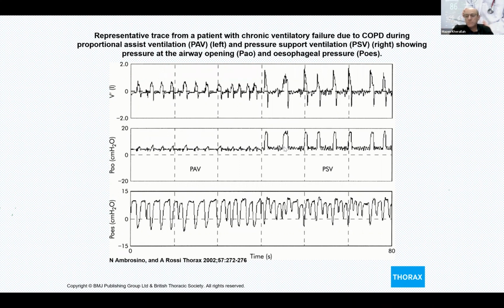The patient, not the clinician. The patient decides that he wants that volume of 400, for example, and then he works for that volume. If the patient works too much for the volume, the machine will help him. It's the other way around with volume support.